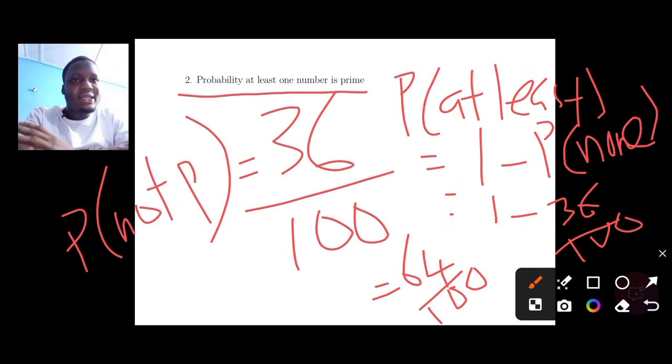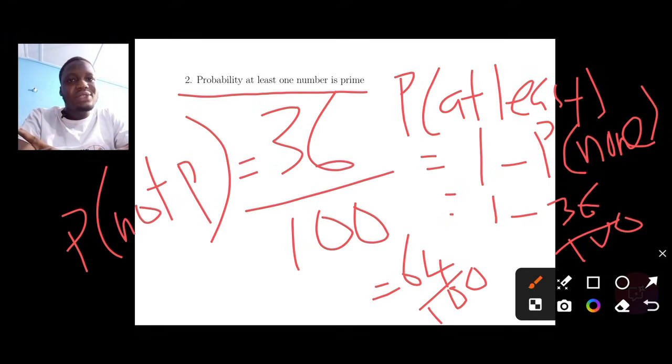So we are selecting and want the probability that, among the two numbers that we select, at least one of them should be prime. And I told you that when you see at least one, it's the same as 1 minus none of them is a prime number. So we went ahead to find the probability of none. Probability of none means that the first one is not prime and the second one is not prime.